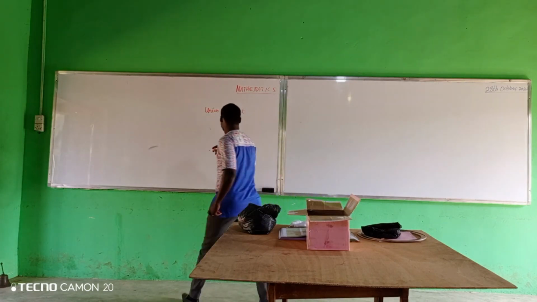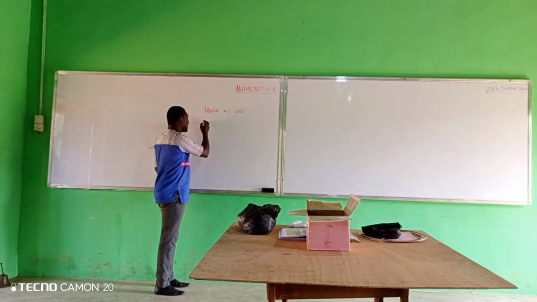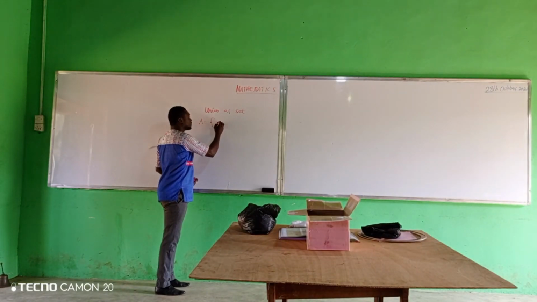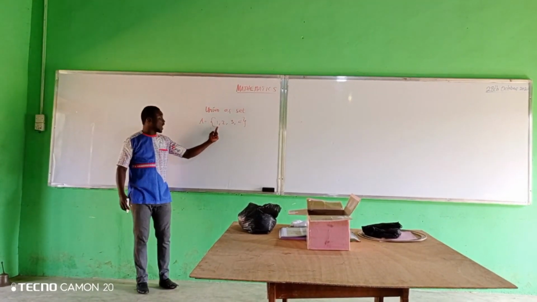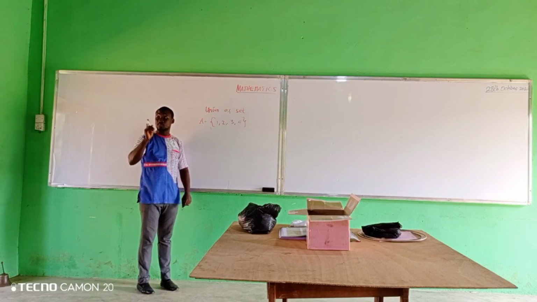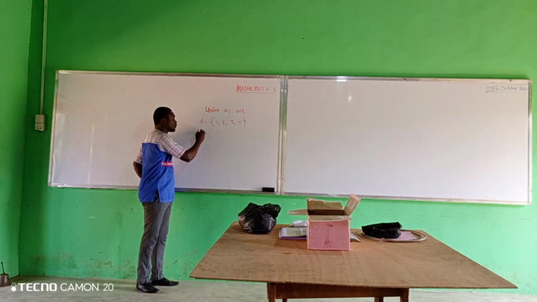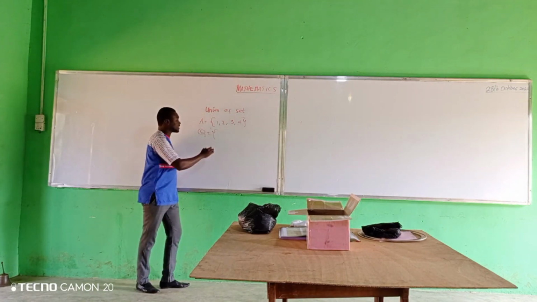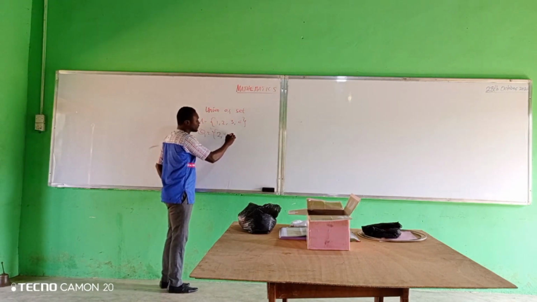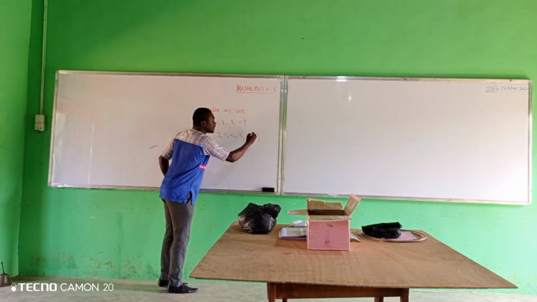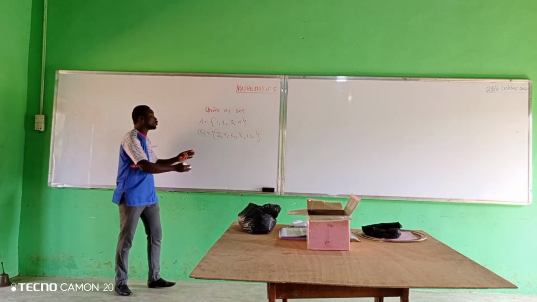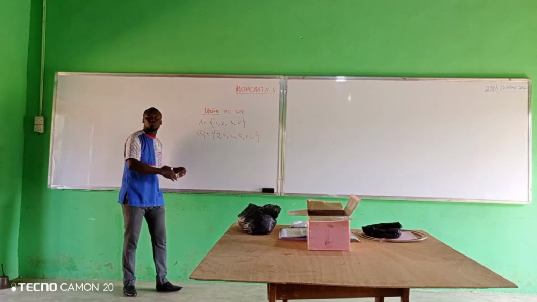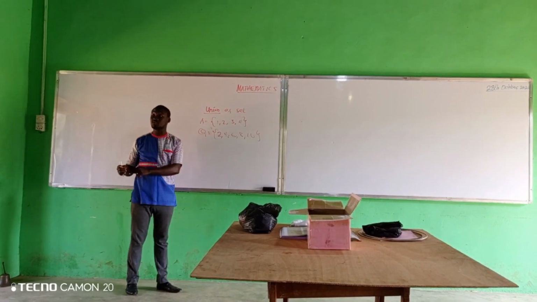Example: if we have a set, say A, with the elements 1, 2, 3, and 4, and we have another set, say Q, and you are asked to combine the 2 sets, you are finding the union of the 2 sets.